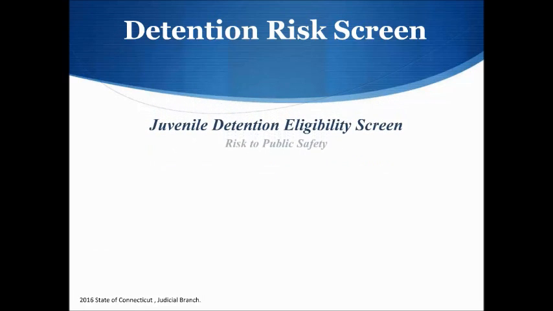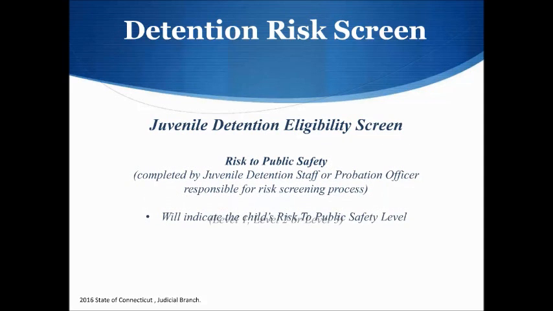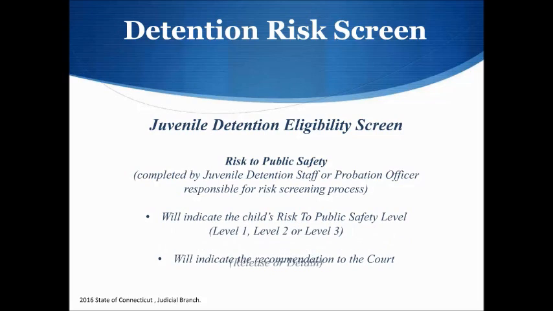The juvenile detention eligibility screen, risk to public safety, will be completed by juvenile detention staff or probation officers who are responsible for the screening process. The screening will indicate the child's risk to public safety level, Level 1, Level 2, or Level 3, and will make a recommendation to the court to release or detain the child.